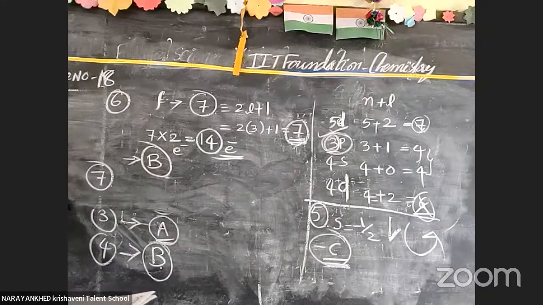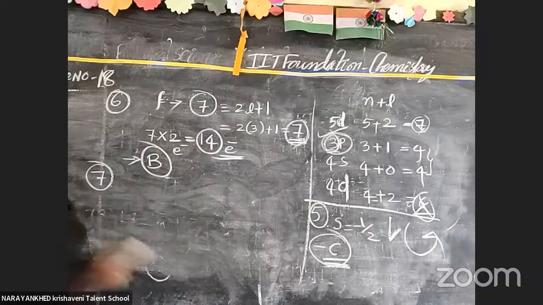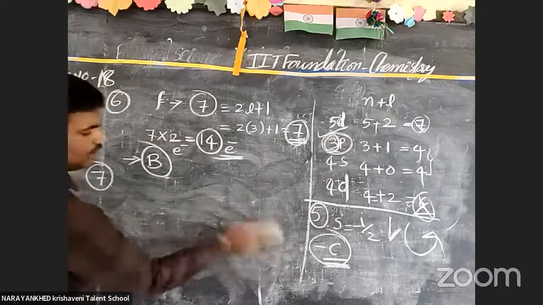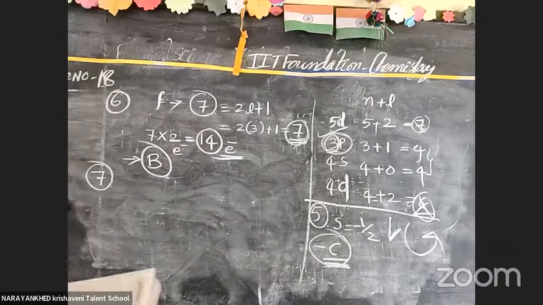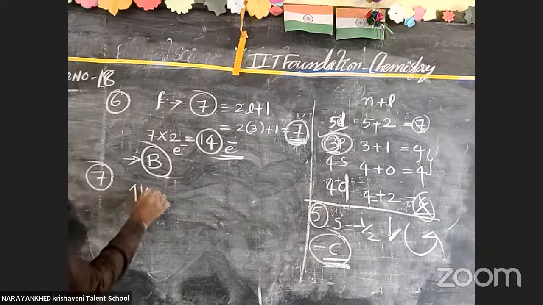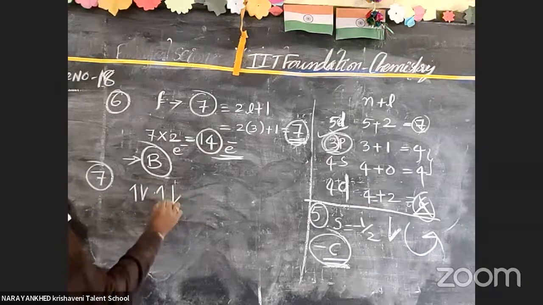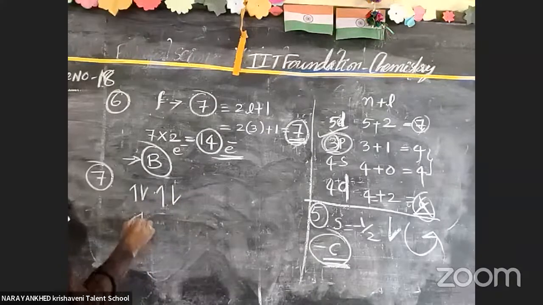Seventh one. Which rule does this orbital diagram violate? They have given different orbital diagrams, and which rule is it violating? Which rule is it violating? Yes, what are the rules there? Especially this is the one thing given. This is another thing. 1s.